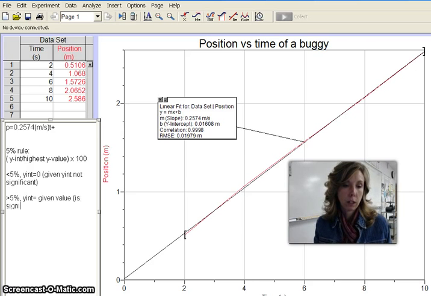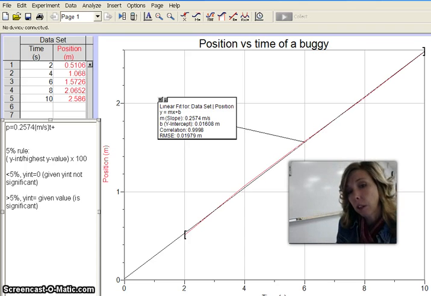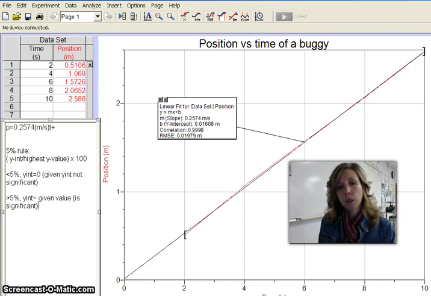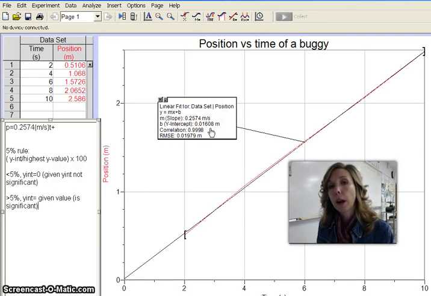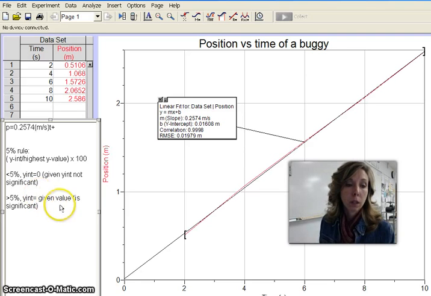It is significant to the relationship. Now I'm going to tell you, sometimes it is significant to the relationship. Sometimes, though, it doesn't make sense at all to have a y-intercept of some number here. What that means is that you probably had more error than what we're allowing. We're allowing ourselves 5% error with this rule. And those are all things that you're going to be discussing in your lab report.